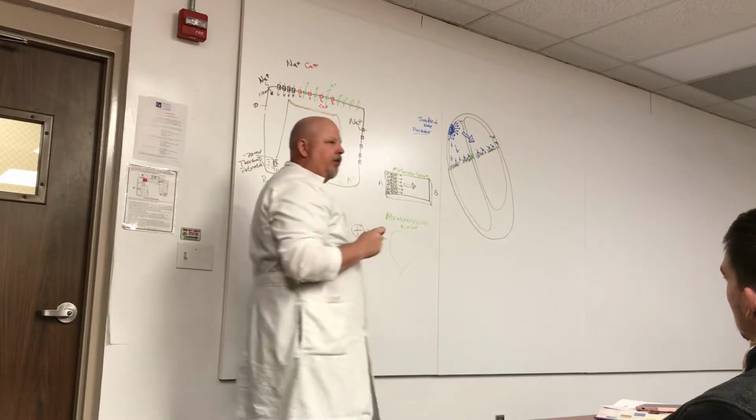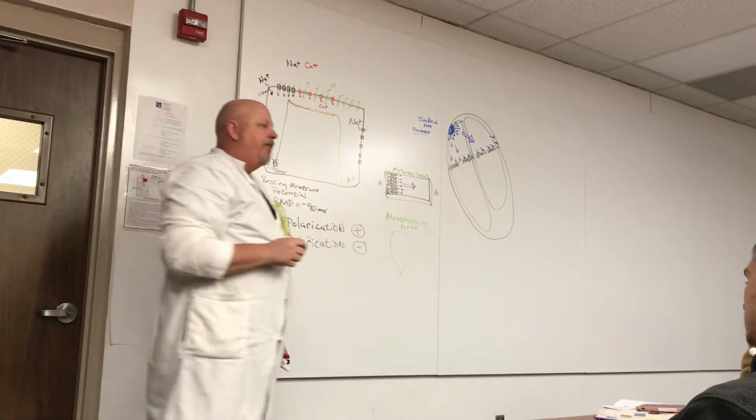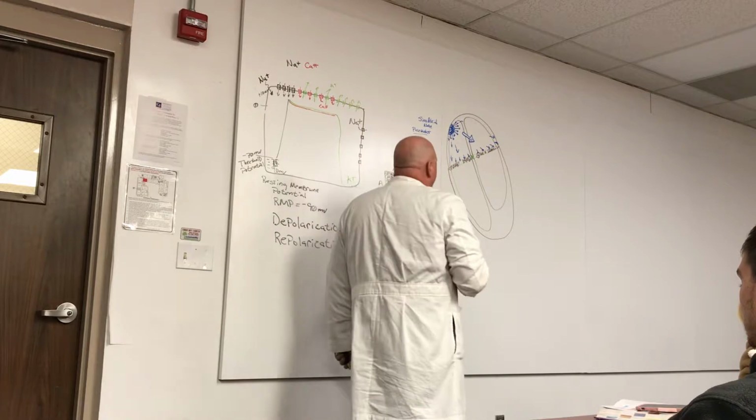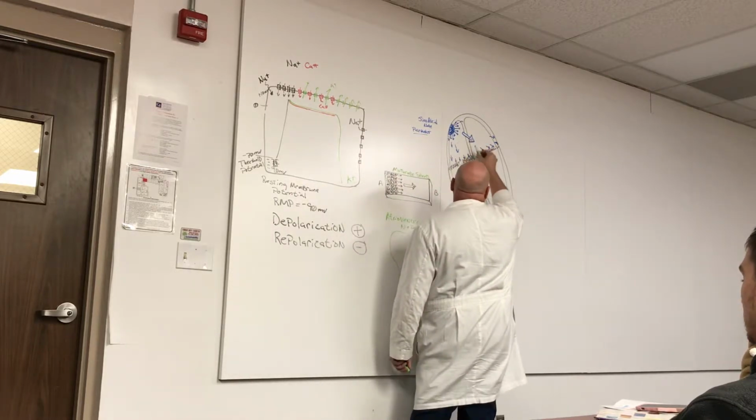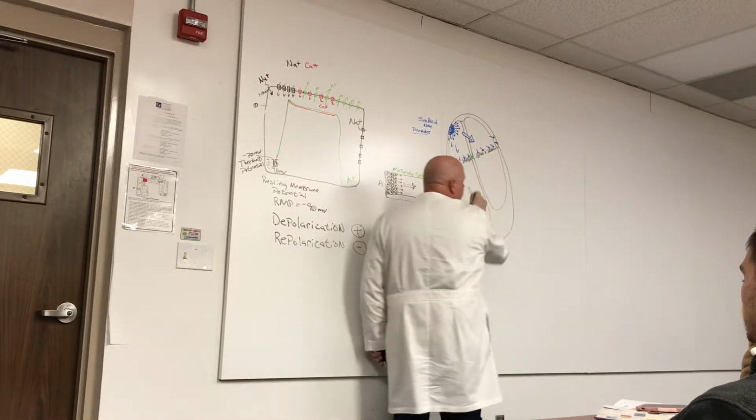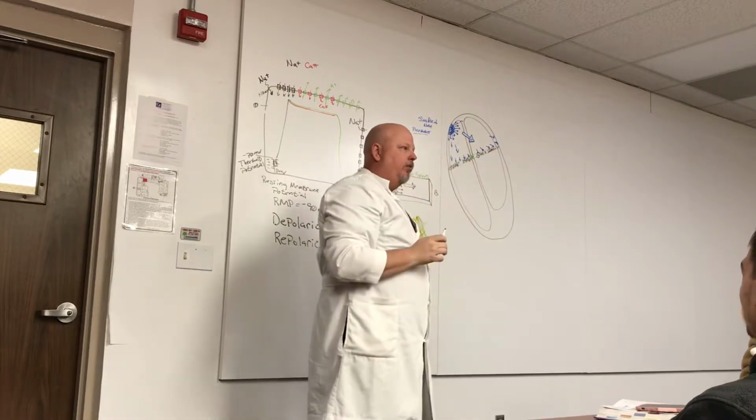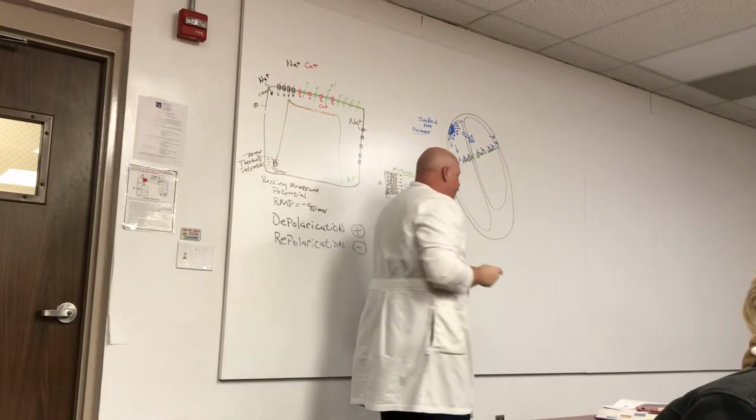The atrioventricular node is the gateway for the signal to come down into the ventricles. The signal has to go through there.